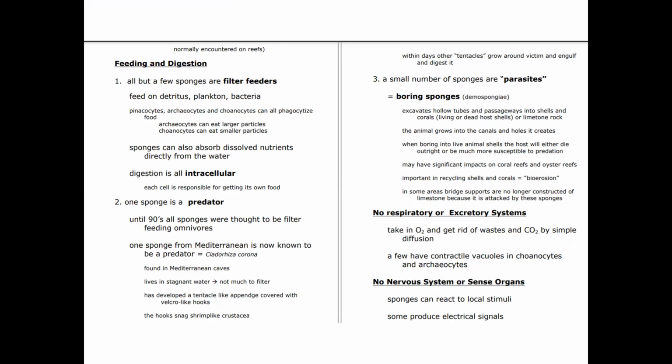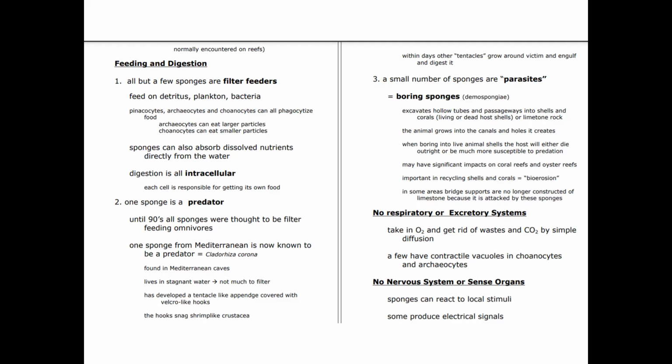Feeding and digestion. We have to remember that in sponges, no digestion occurs in the spongocoel. That is, digestion is intracellular. It occurs inside the cells. All but a few sponges are filter feeders.